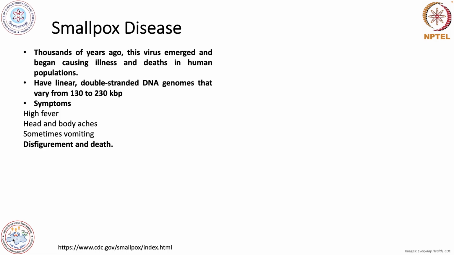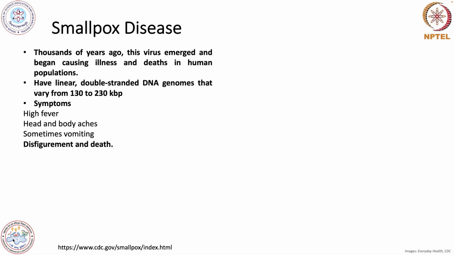In the current scenario you can understand these words. This virus has a linear double stranded DNA genome. It's a DNA virus, and the size of the genome varies from 130 to 230 kilobase pairs.